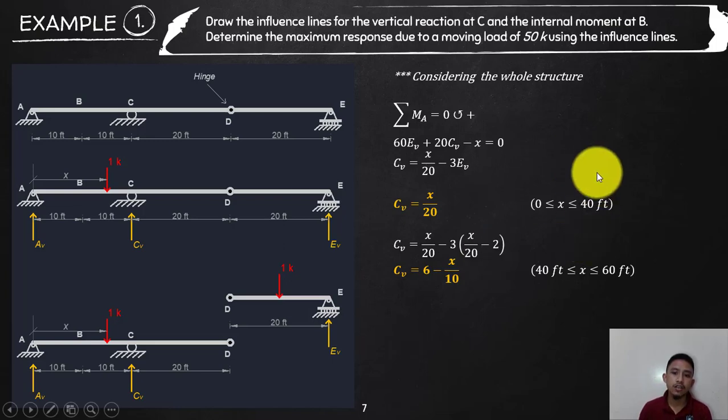So you might be confused. Sir, why is it that there are two values of 40? It means that if we want to get the value at 40 feet, then we will be using this or this equation.